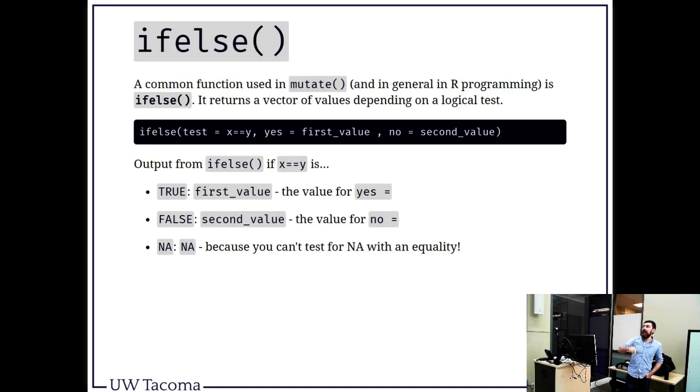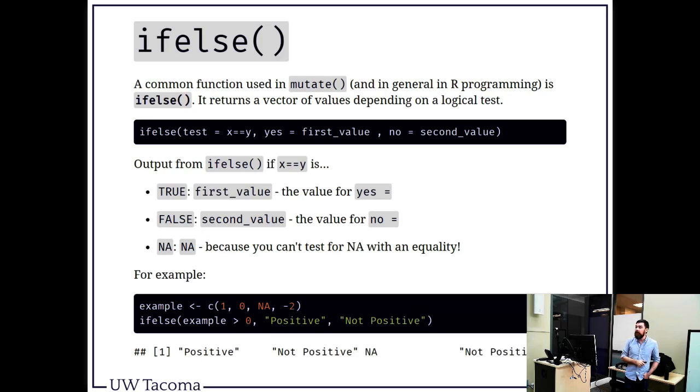If that test, x equals y, is false, it will return the third argument, whatever is no there. If the result of that logical test is an NA, this function will return also an NA. Any failed test, the test that can return neither true nor false, returns an NA, and if-else will also in turn return an NA.